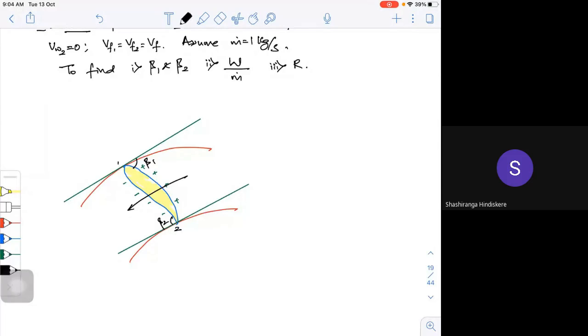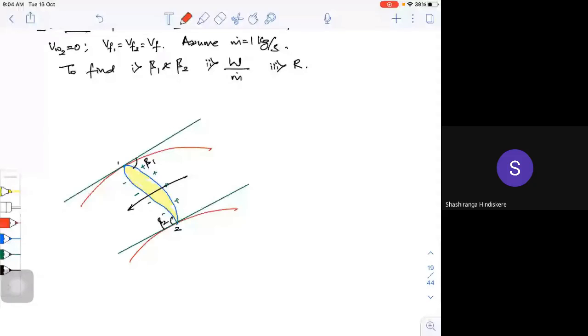Now, let us try to draw the velocity triangle. The fluid enters at some velocity V1, that is around 35 meters per second. There are two methods of solving this problem. Either I can go with a graphical method, which we usually do in the steam turbine part, where we take a graph sheet and do everything with respect to scale.